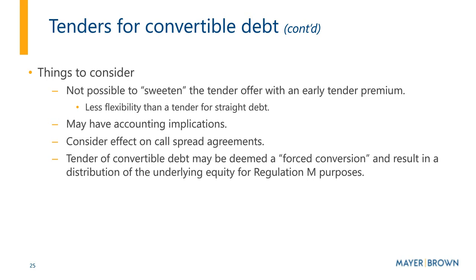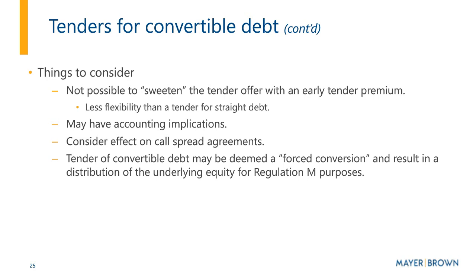Many issuers of convertible notes enter into related derivative transactions, namely called call spread or capped call transactions, concurrently with the issuance of convertible notes. These transactions can have the effect, from the issuer's perspective, of effectively increasing the conversion rate of the convertible notes and can, in certain circumstances, have tax benefits.